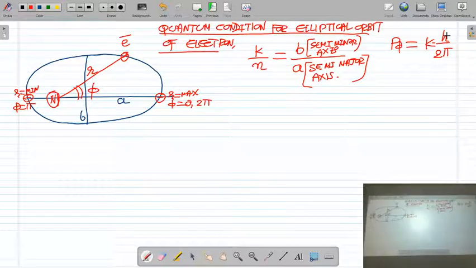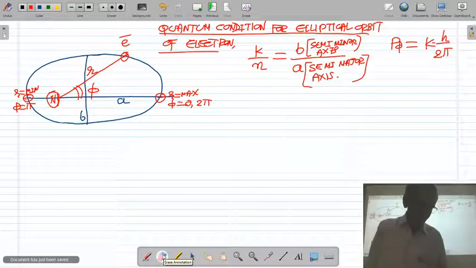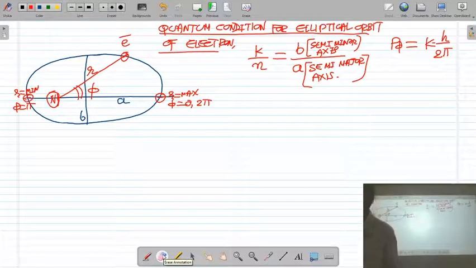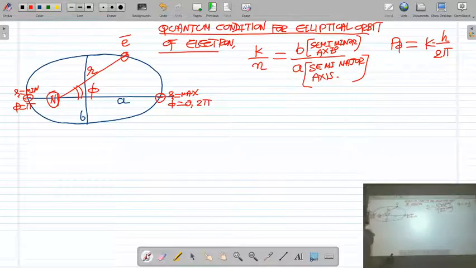Good. Next, we have derived the equation of energy in the previous lecture, so please recall that equation of energy.